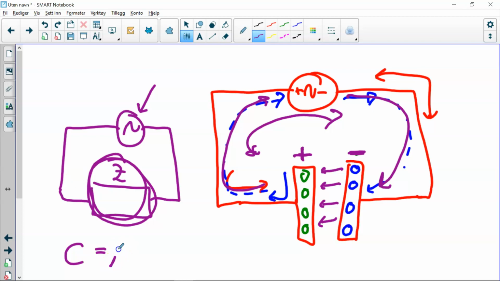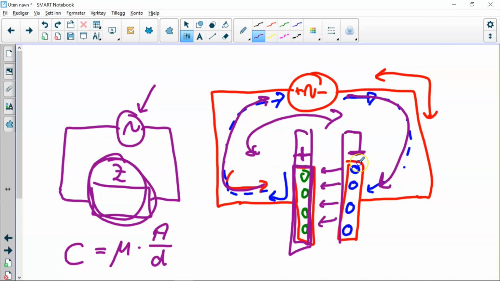It's something called mu, times area over distance. The area is the size of these plates. The higher the area, the larger the plates, the larger the capacitance, or the capacity to store electrons, store charge.